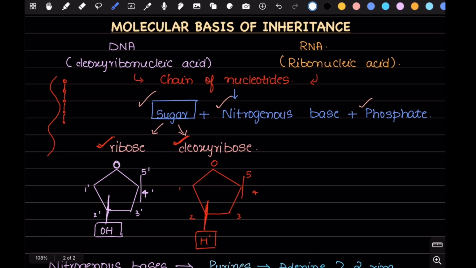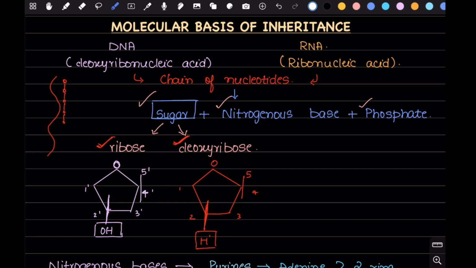So the DNA and RNA are the genetic materials and they are made up of chain of nucleotides, and these nucleotides are made up of three substances, that is sugar, nitrogen base, and phosphate. The sugar is of two types, ribose and deoxyribose. So that is the one which is making the difference in DNA and RNA.